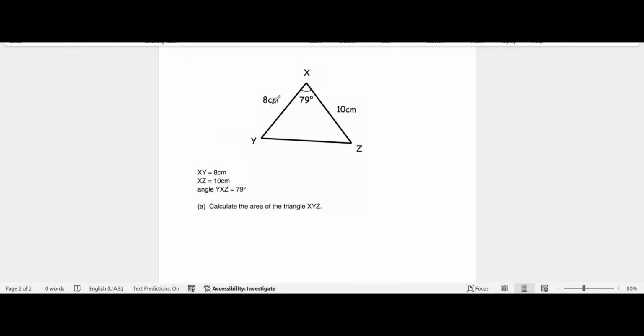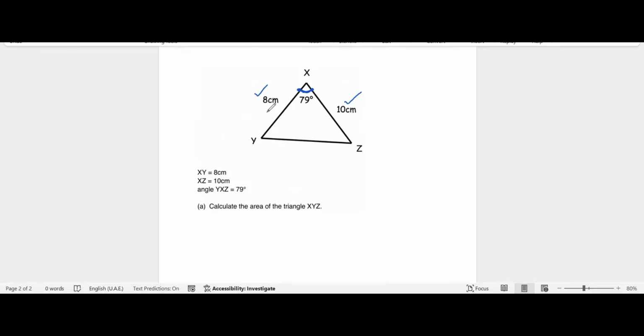The two sides, 8 centimeters and 10 centimeters, are given. Now, as we know, it should be the included angle. Included angle means the angle connecting both the sides. Let's check. 79, yes, 79 is the included angle because 79 is connecting both the sides given in the question.